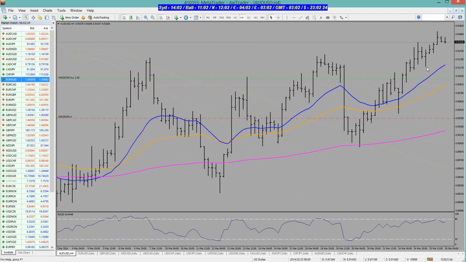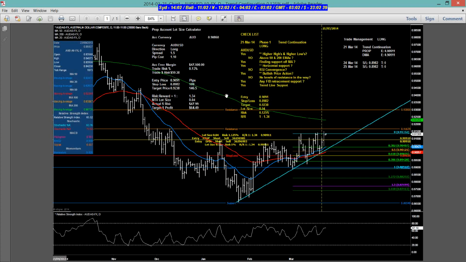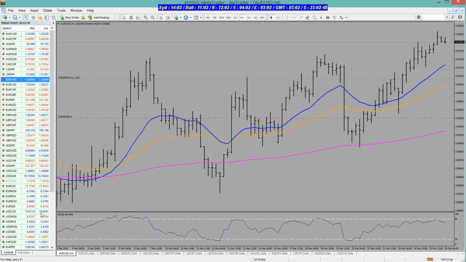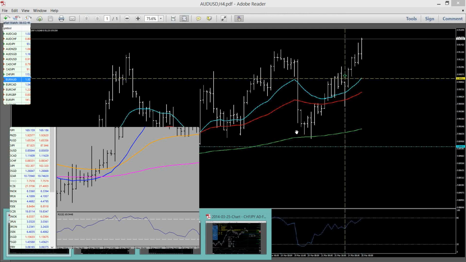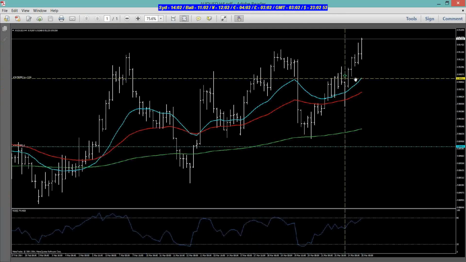If you're trading it on the 4 hour, then get your stop to break even under that low test, and now traded on the daily. Aussie dollar 4 hour entry. Oh, you went above that low test, cheeky.